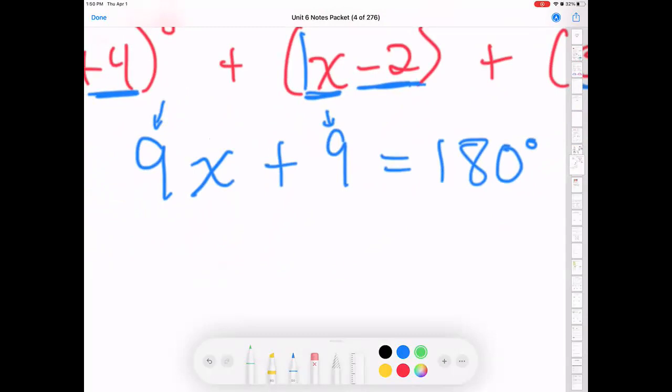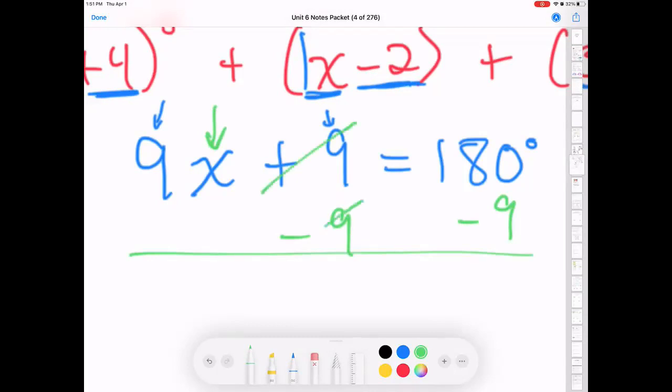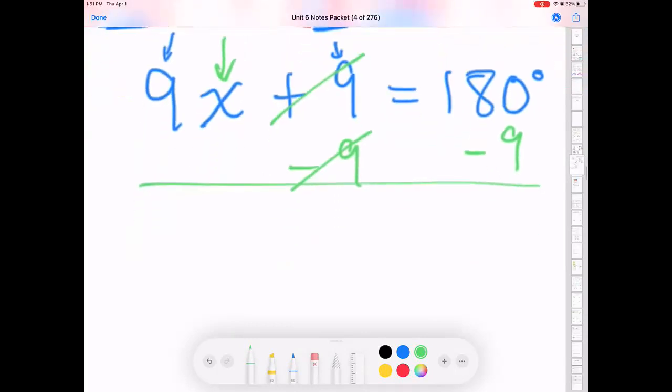So we're still going to do our two-step process by subtracting 9 first from both sides. Again, we're trying to isolate x, get it all alone. In which case now our positive 9 is going to cancel with our negative 9, leaving us that 9x equals 180 minus 9 gives us 171.